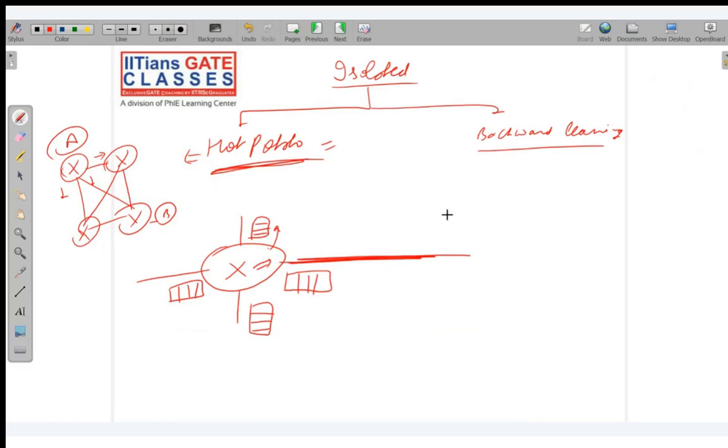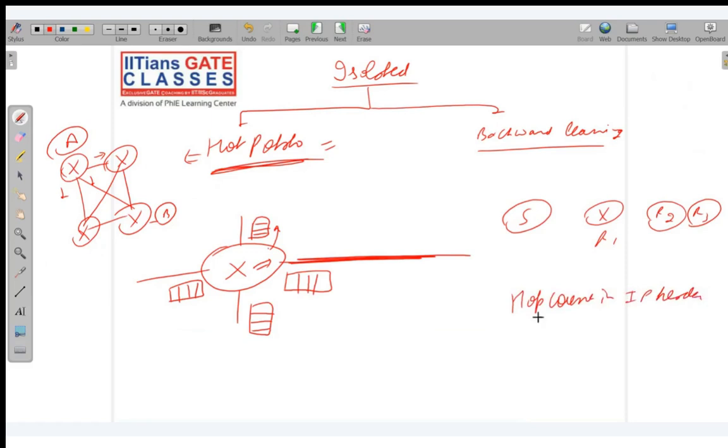What is backward learning? Say, for example, this is a source, and this is R1, R2, and R3. We can have a field called hop count in the IP header. This hop count will keep on incrementing as it moves from one router to another.